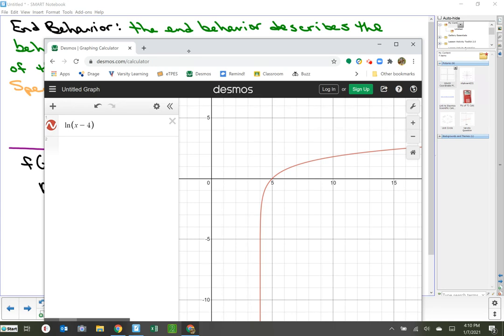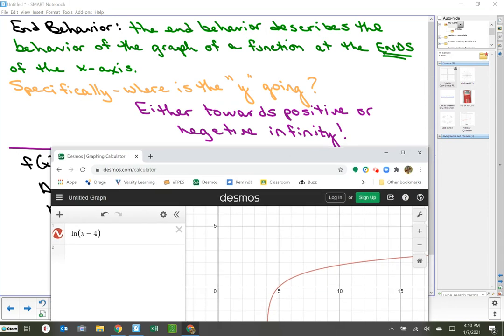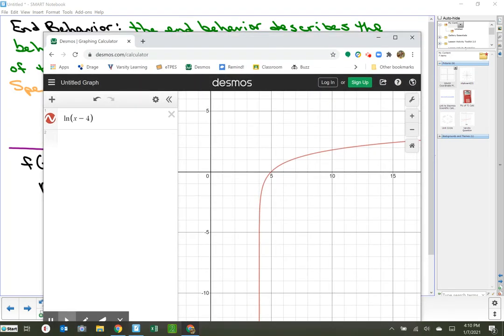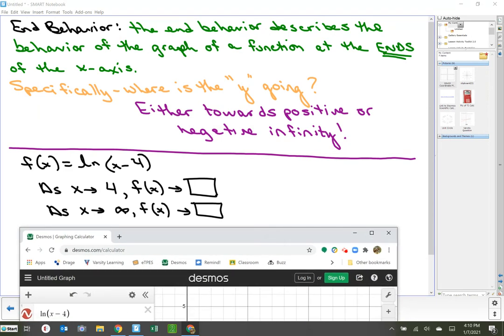Y is going down as x is coming towards 4. So what we're going to put in there, remember, your y answer is only going to be positive or negative infinity. Well, as we approach 4 on the x, this thing's going straight down. So this is going to be a negative infinity answer. Okay. And then what's the other question? So the first one's going to be negative infinity.